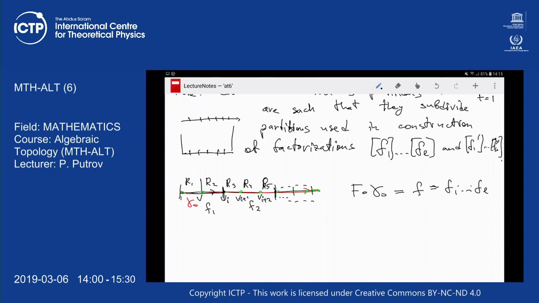For each vertex, we constructed a certain path GB connecting the base point of X, which is X0, with the image of this vertex under the map F. By construction we chose the path such that the image is both in, in this particular case, the image of A alpha 3 and A alpha 4. Right?